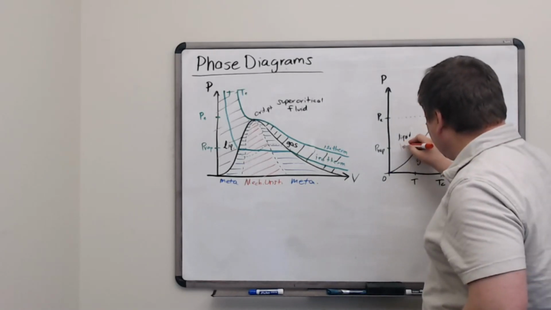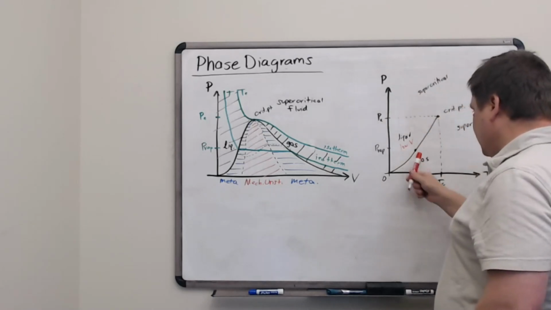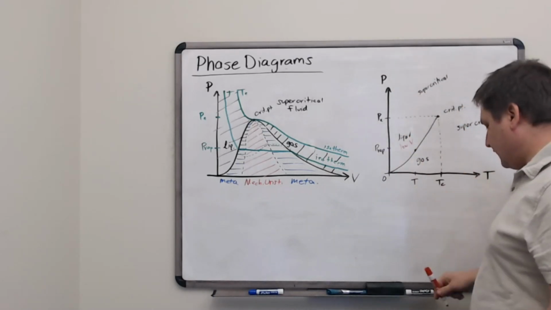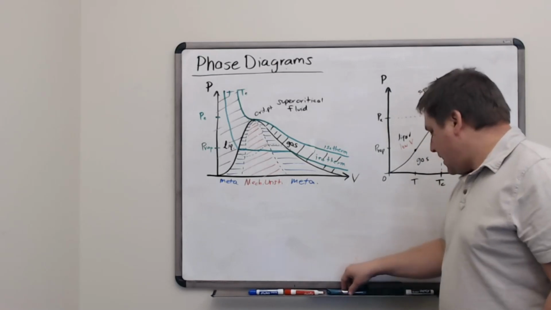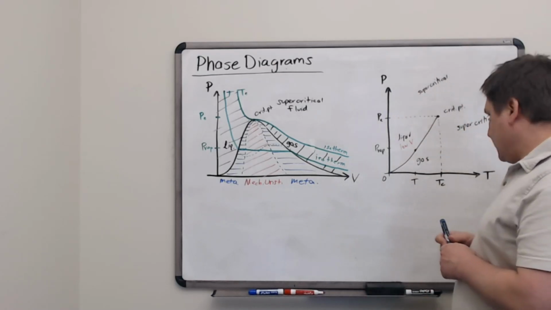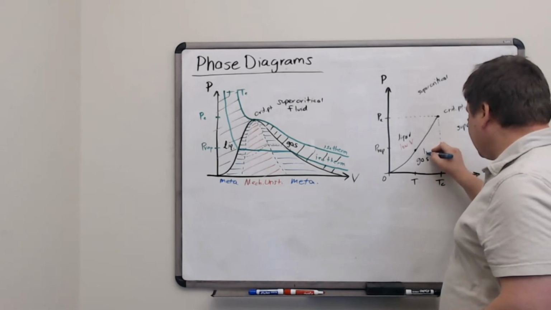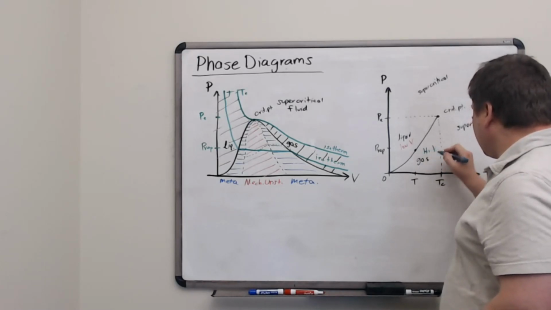So we'll have low volume on this side of the transition line, and in the gas region, we'll have high volume.